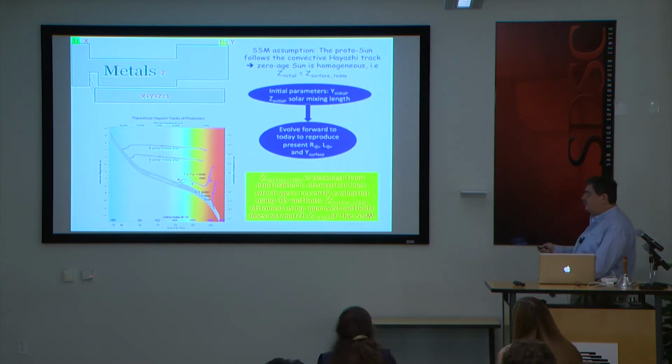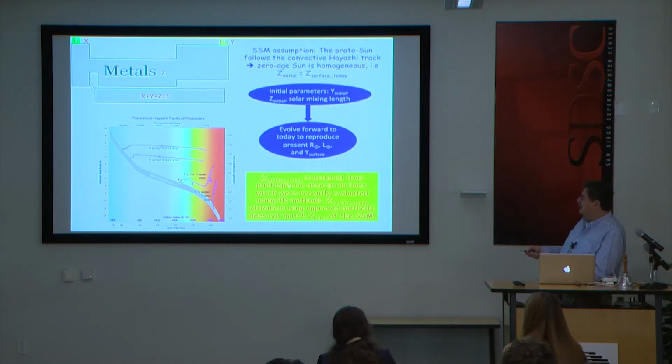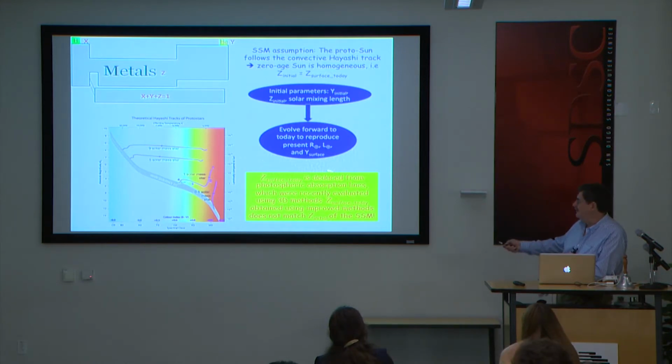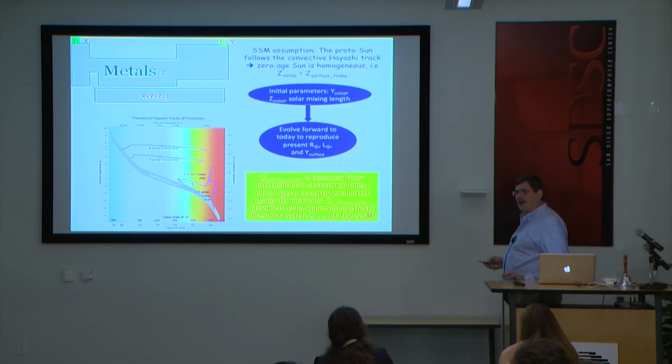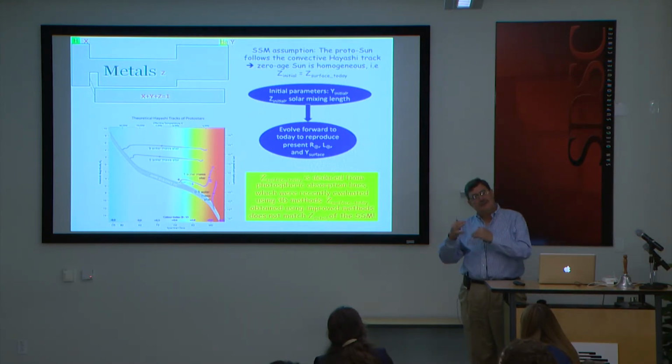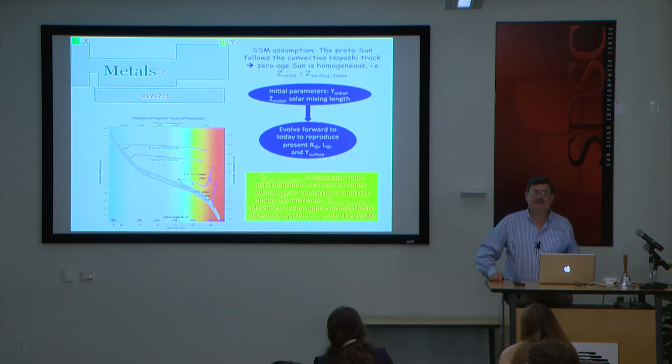Now, it turns out the surface abundance today, deduced from the photospheric absorption lines, was recently reevaluated using three-dimensional methods. Before, we couldn't do that. Again, this is due to advances in numerical methods. And it turns out what we see today as the metallicity of the surface of the sun does not agree with the original metallicity that we assumed in the standard solar model.